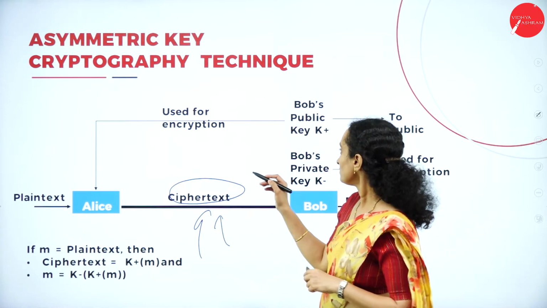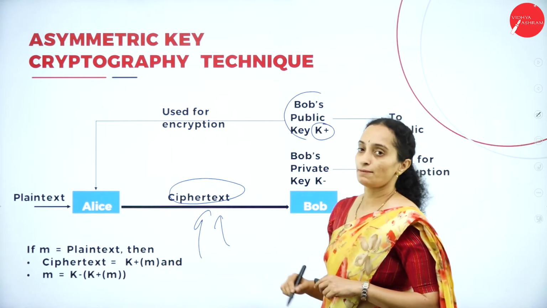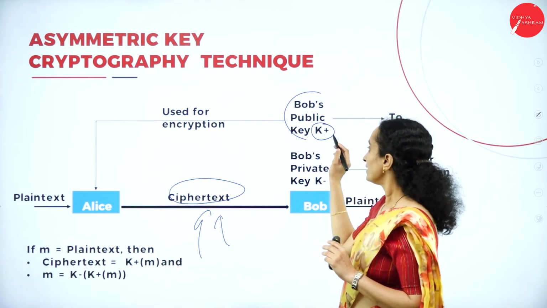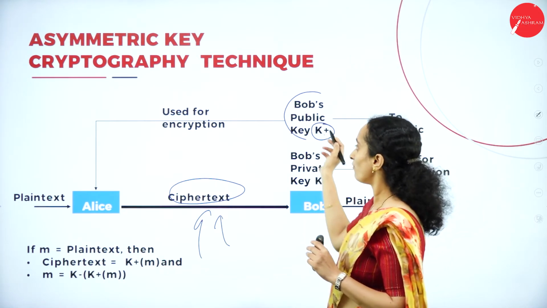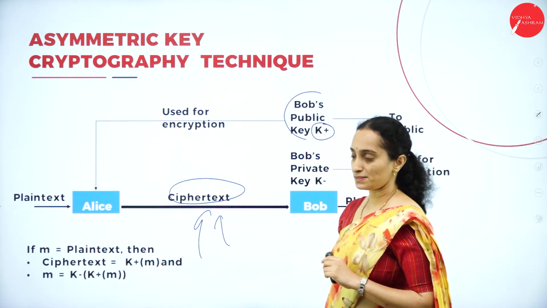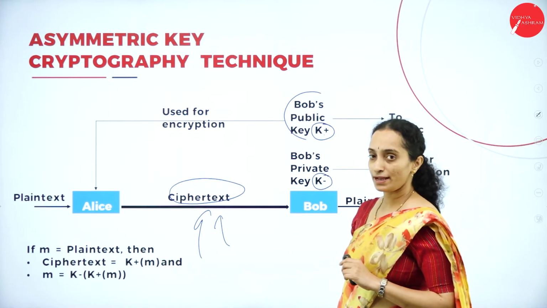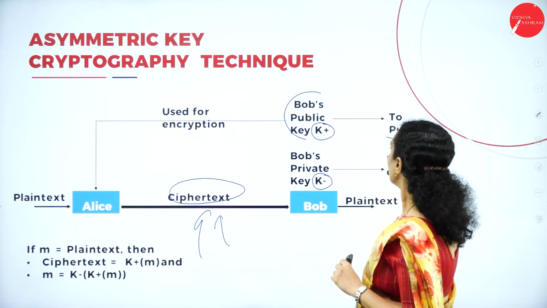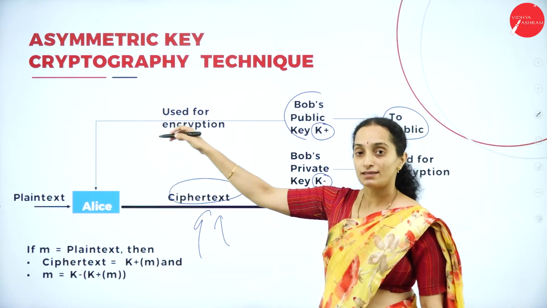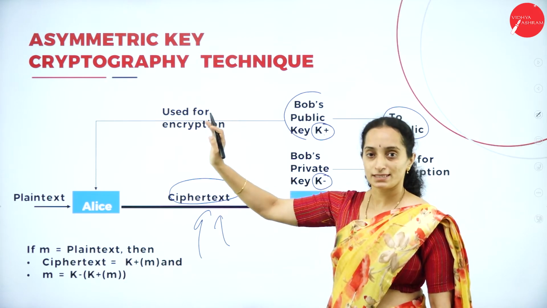The public key given to Bob is visible to everyone, but it cannot be used for decryption. There will be a private key, K minus. Even if the attacker gets the message, they will not be able to read it.